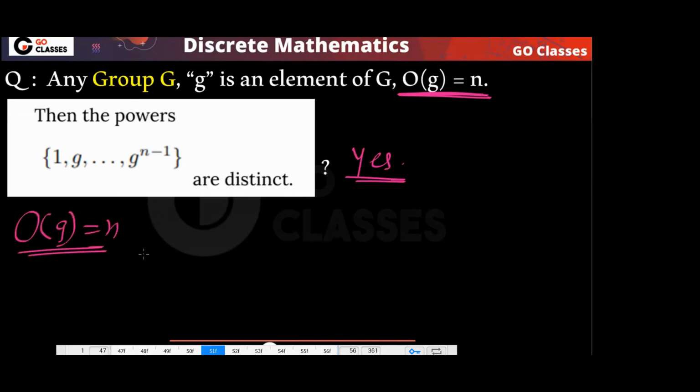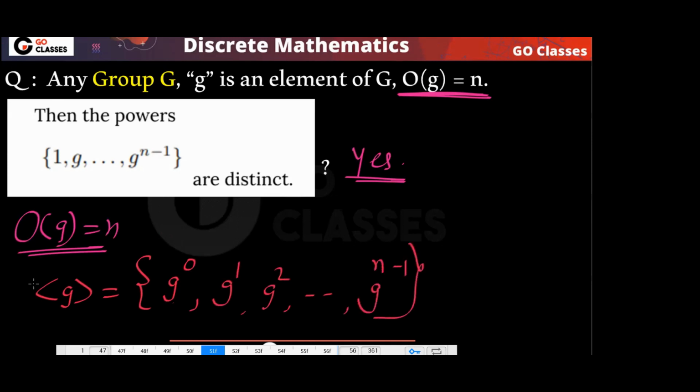What it means is that you have g power 0, g power 1, g power 2, and so on, g power n minus 1. So this will be the subgroup generated by g. We have already seen this.